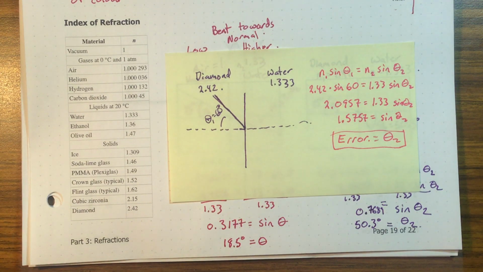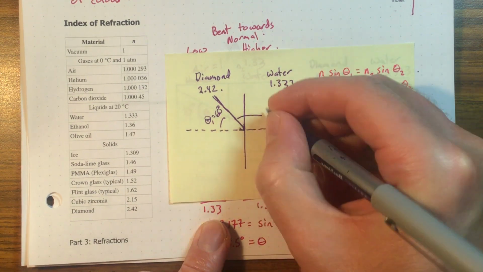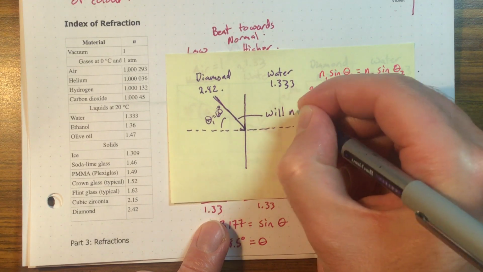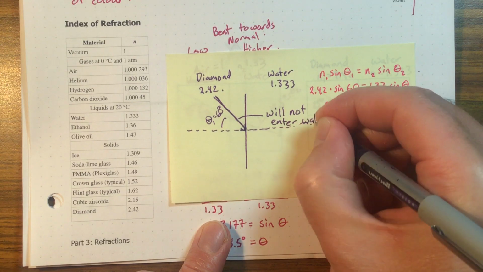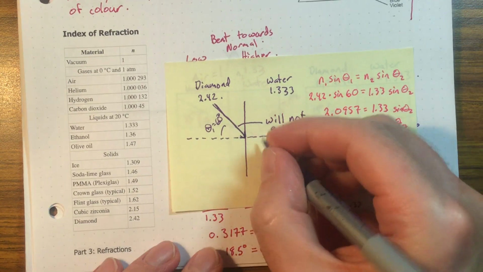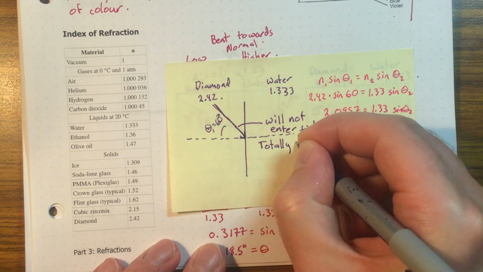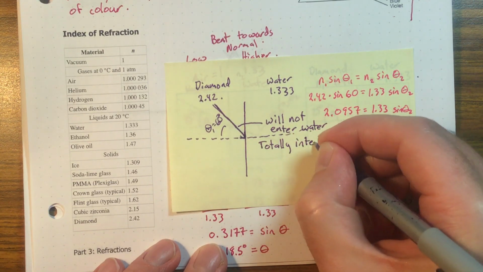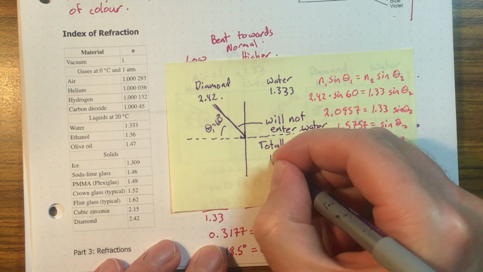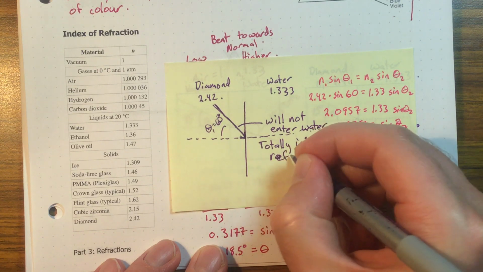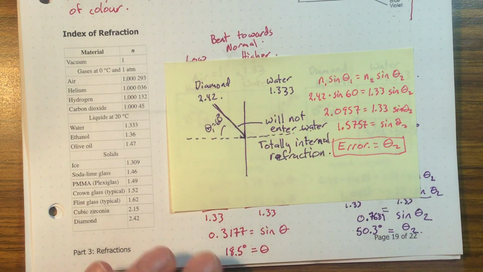What that means is this light ray will not enter the water. It will totally internal reflect. Totally internal reflection. Oh man, that writing's awful.